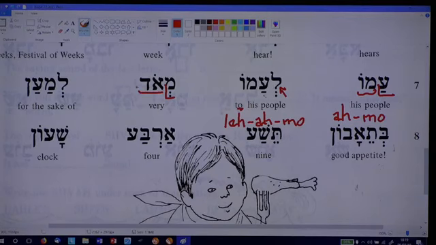There's the second part of the word, those two syllables, so it's pronounced me'od. Tov me'od. Tov means good. Tov me'od means very good. Kelev tov me'od down here. The dog is very good.